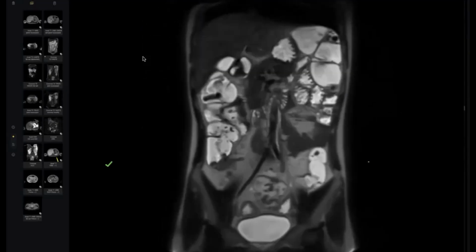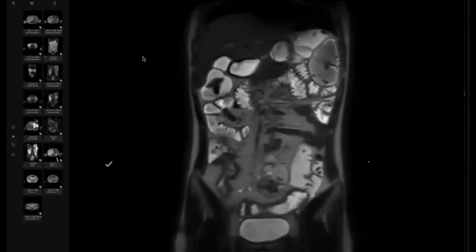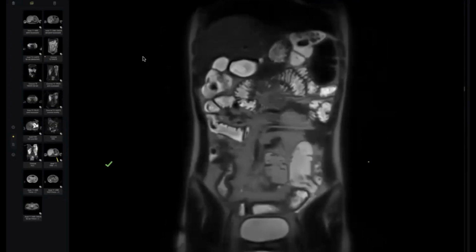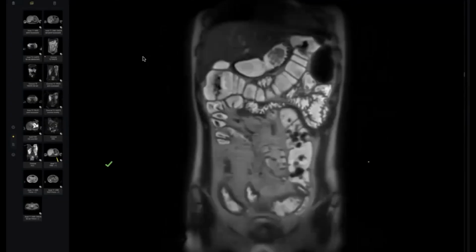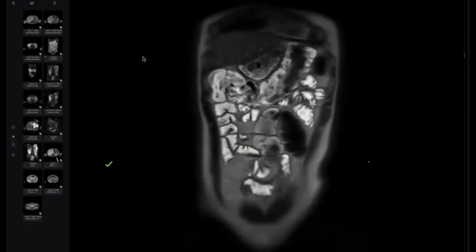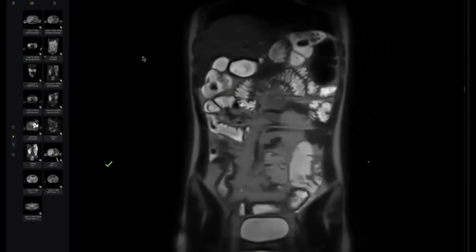Take care in MR enterography. What is the technique? What does the patient take or drink? Low signal, I think water.